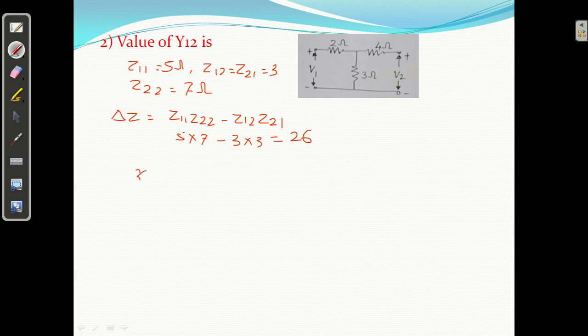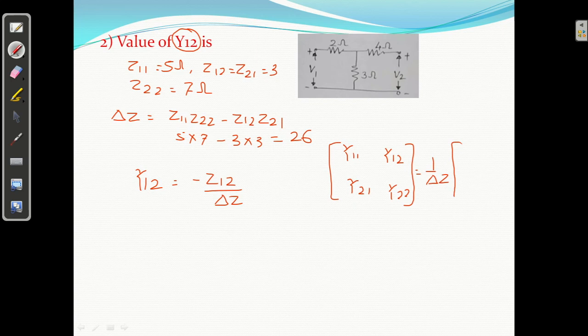What is the value of Y12? We know Y12 equals minus Z12 upon delta Z. The Y parameters Y11, Y12, Y21, Y22 are found from Z22, minus Z12, minus Z21, Z11 divided by delta Z. Z12 is 3, so Y12 equals minus 3 upon 26 mho.